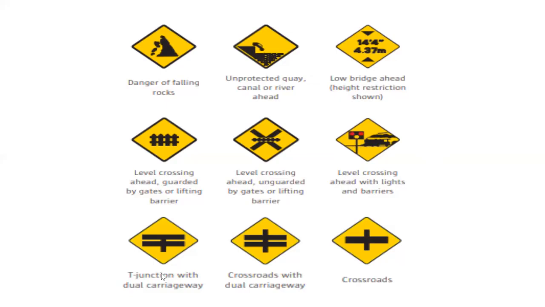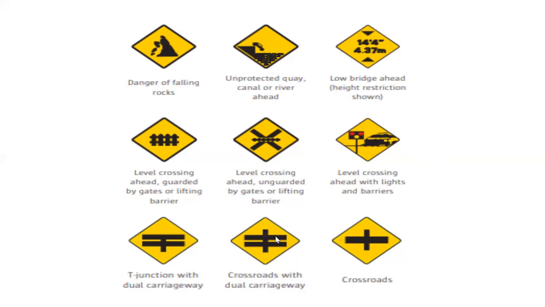Now, remember we said a few minutes ago, the 2 lanes side by side is a dual carriageway. Now we can see there's a dual carriageway, but it's in the shape of a T. T junction with dual carriageway ahead. Again, we can see the 2 lines side by side with the line going through it.